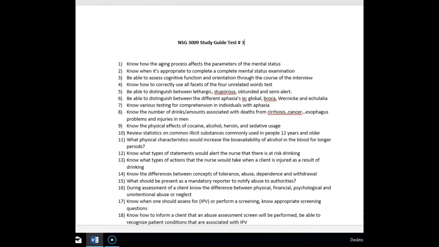Now, various testing for comprehension in individuals with aphasia. Generally, with people with aphasia, you could do additional tests, mostly word comprehension, how they understand it, asking the individual to point to articles in the room, or asking them to point to parts of their body to see if they even comprehend what you're saying.